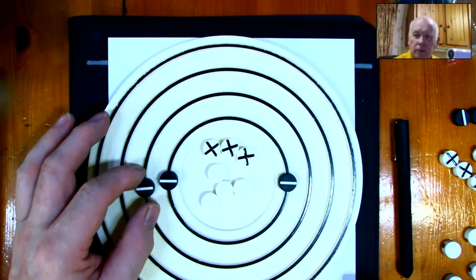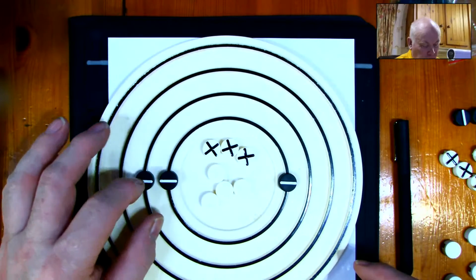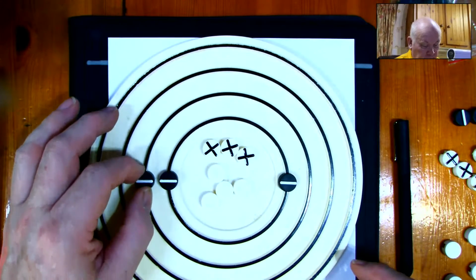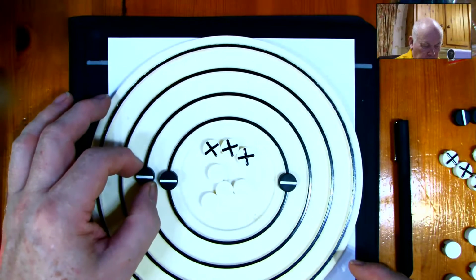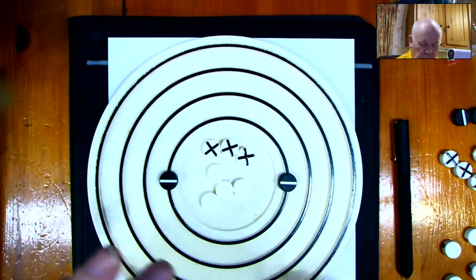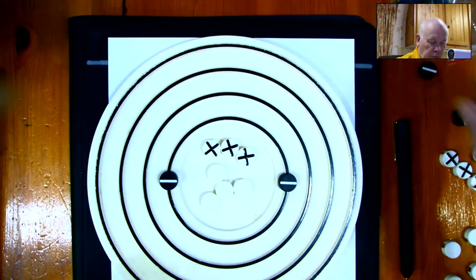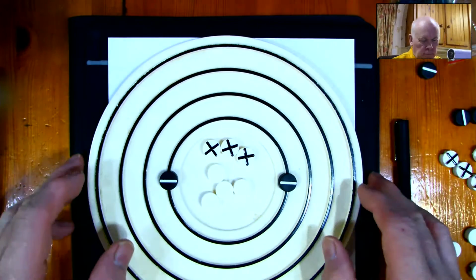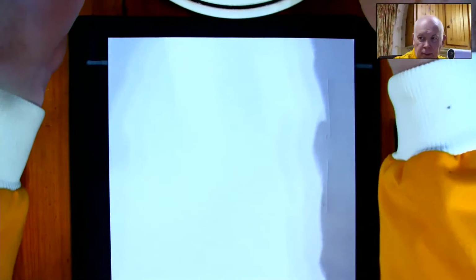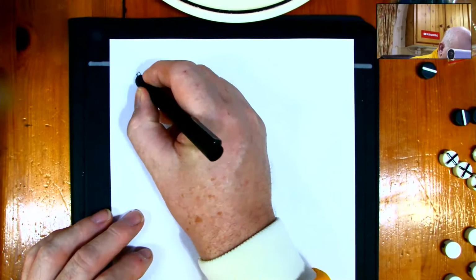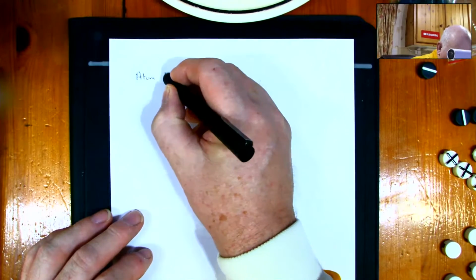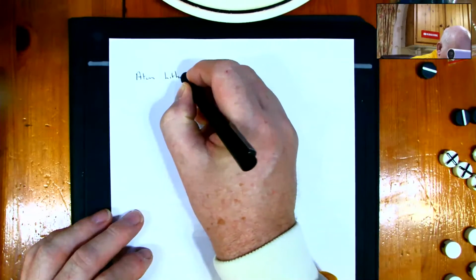When an atom becomes an ion, for something like here, this is lithium, we are going to lose one of these electrons. Let's have a look at that on a piece of paper. I've got an atom of lithium.